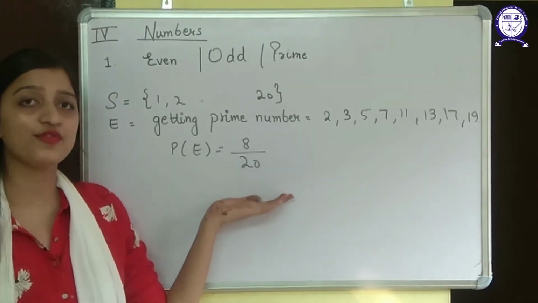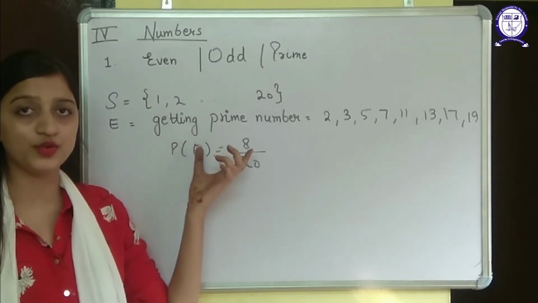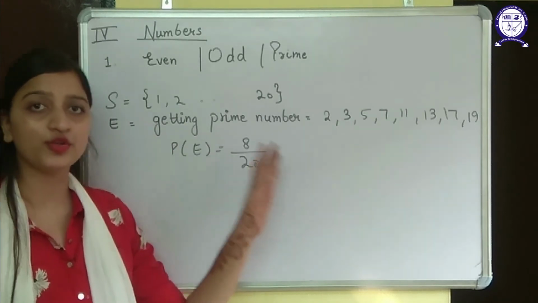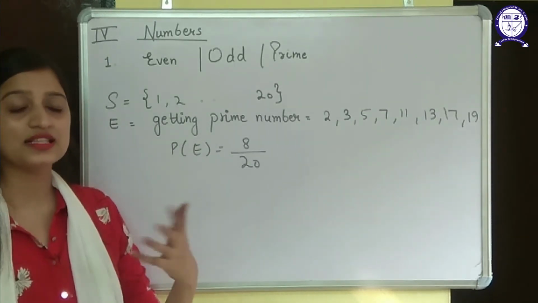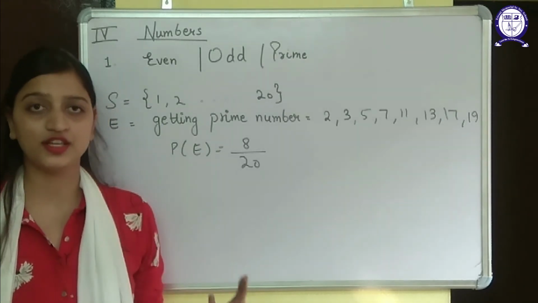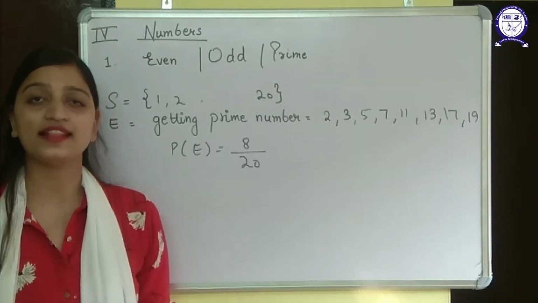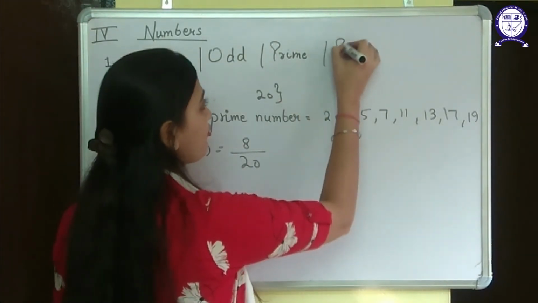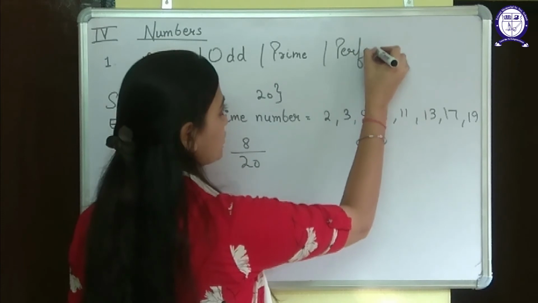But in these types of questions, the sample space will be given to you. The sample space is already given, that the number should be from 1 to 20. They can ask like this also, that I have some chits with numbers written on them from 1 to 100, and they ask for perfect squares.